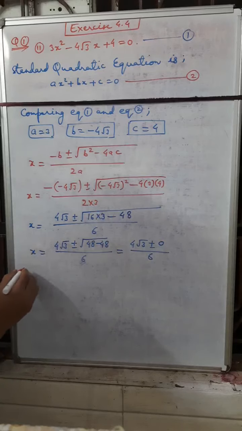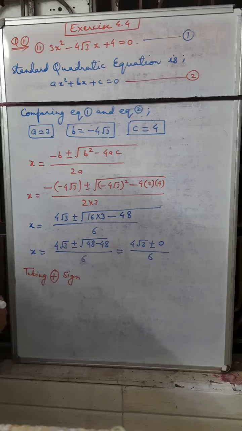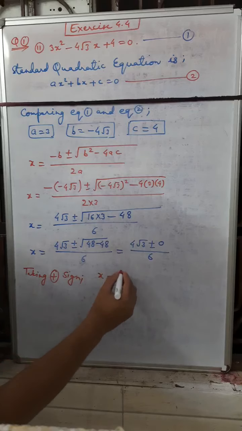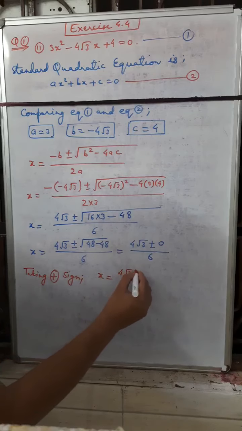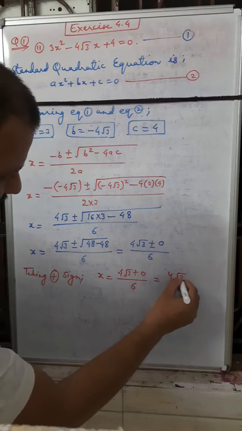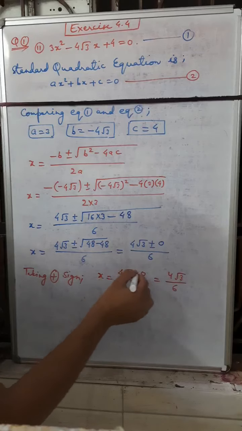Taking the plus sign, x = (4√3 + 0) / 6, so we get 4√3 / 6. There is no effect of adding 0 to this number.